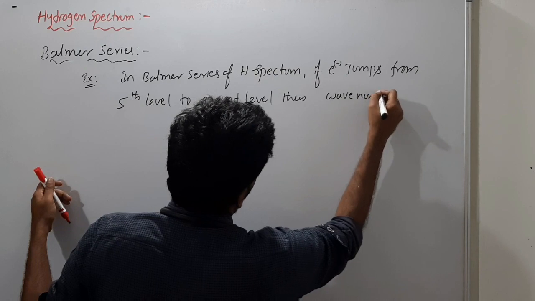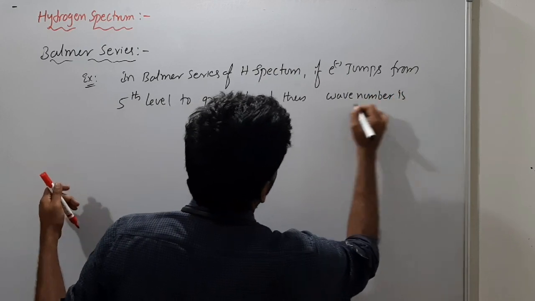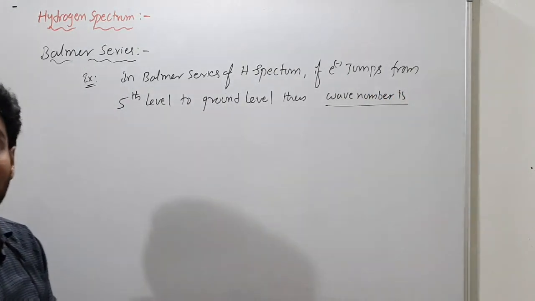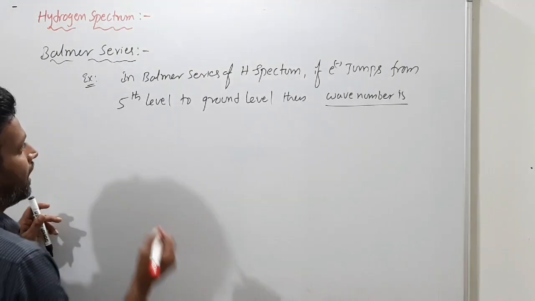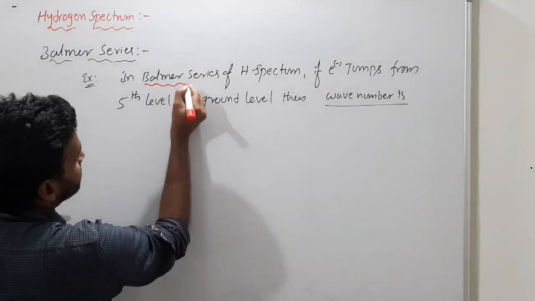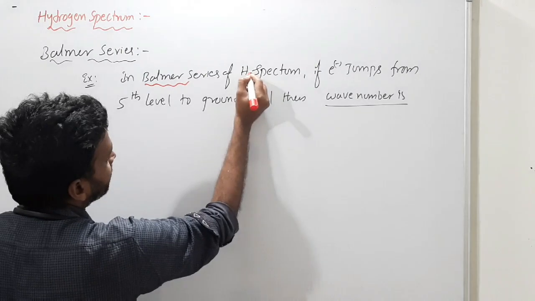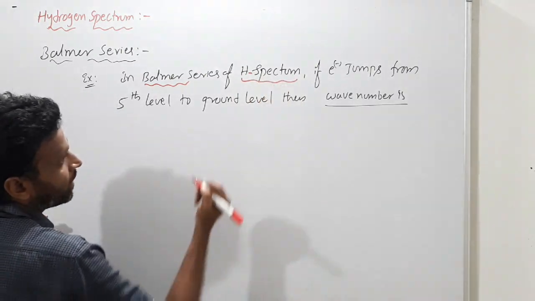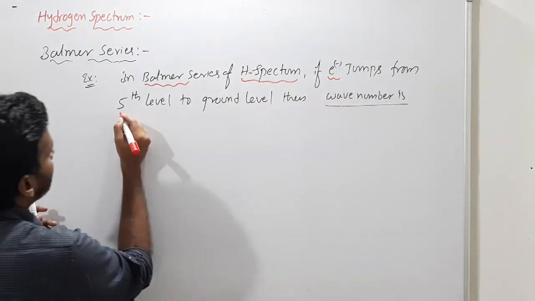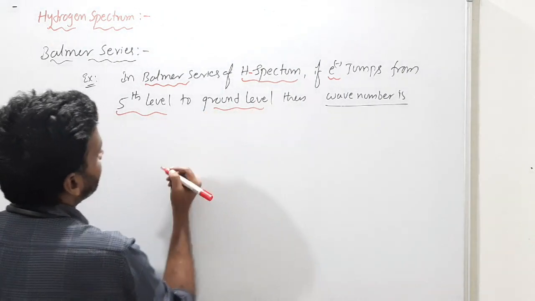This is the question. They are asking wave number. And they said what? Balmer series of what spectrum? Hydrogen spectrum. Electron jumping from fifth level to ground level.